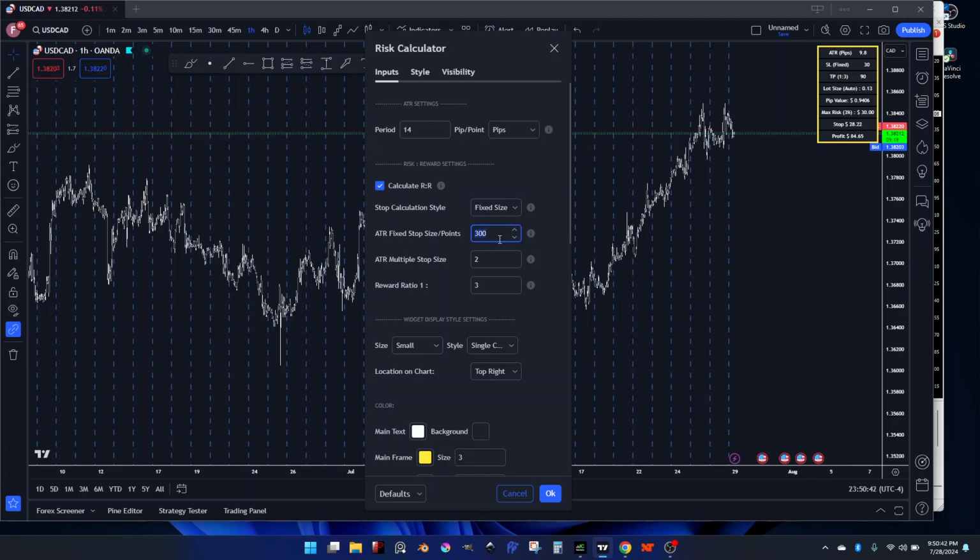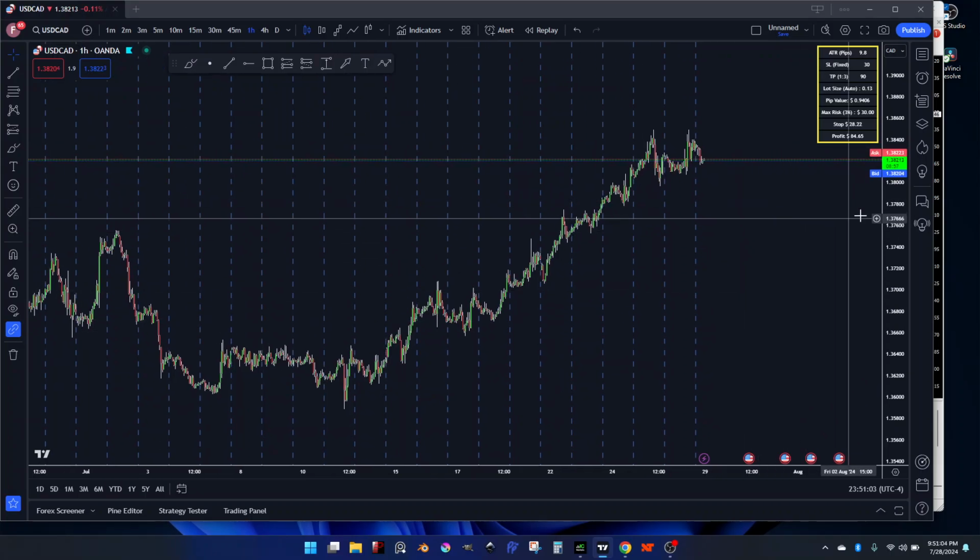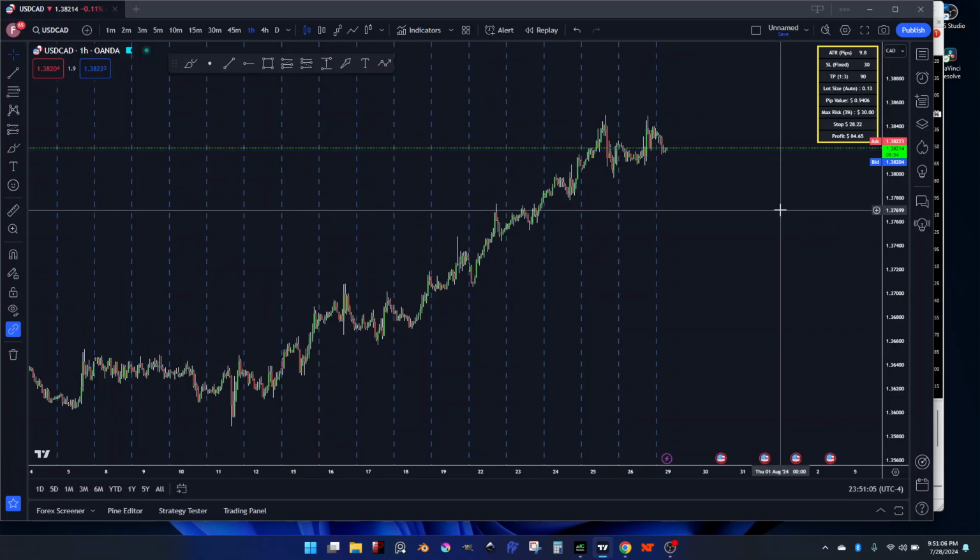I'm going to set this up on the example of 30 pips or 300 points, because there's 10 points per pip. I'm not going to worry about the stop or the R ratio. We're going to talk about that in just a moment. But you can use this calculator, or any other calculator actually, to set up what you're looking to risk.